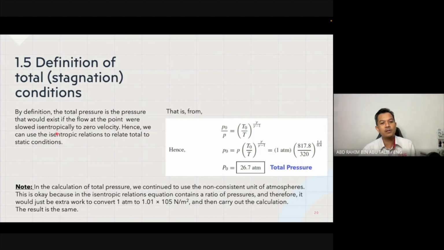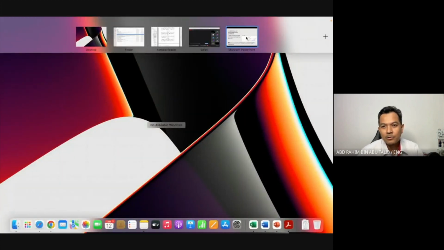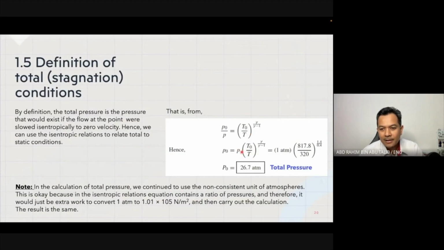Hence, we can use the isentropic relations to relate back to the static condition, from this expression. We use 1 atmosphere and the total temperature T naught we just found, along with the temperature, and we can now get the total pressure, P naught, of 26.7 atmospheres.